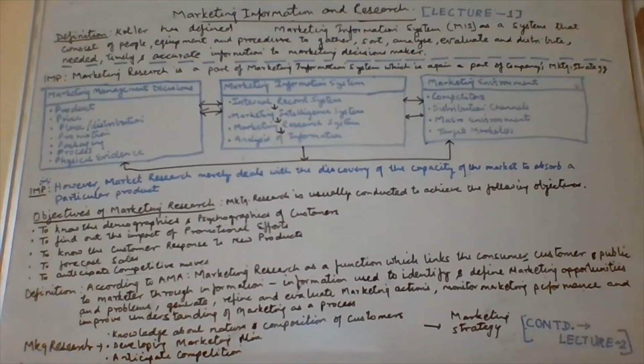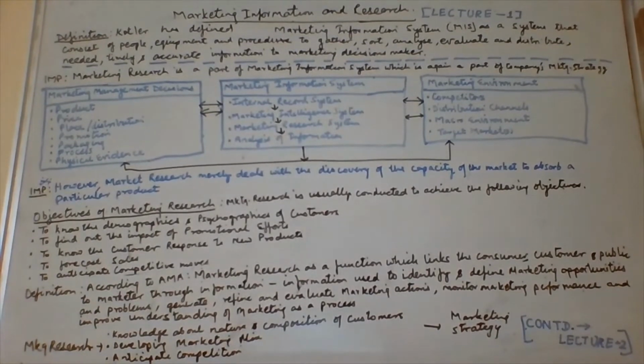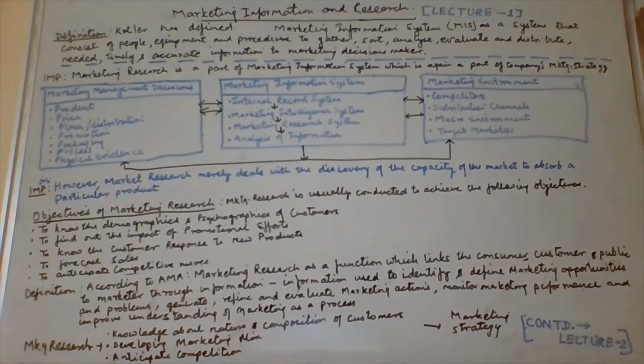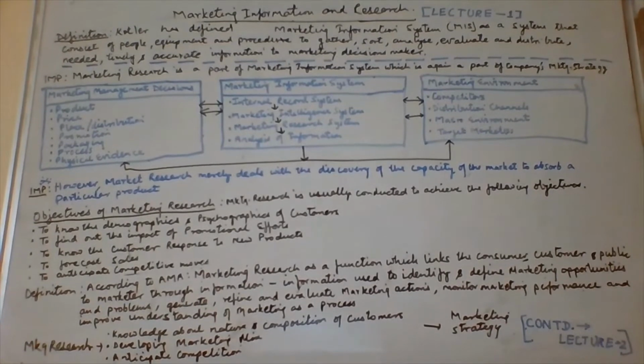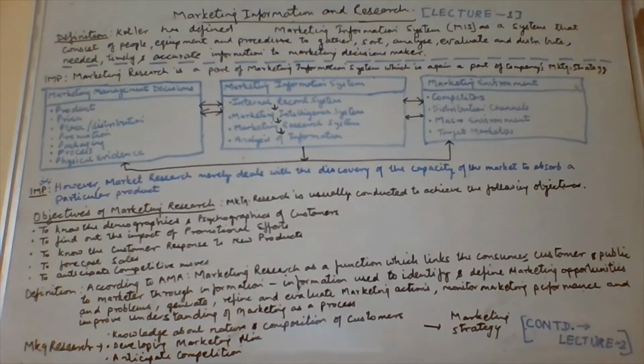Now his decisions are very important for the functioning and for the growth of the organization, because the marketing manager is supposed to take the decisions from the information given, and the information is coming from a source that is dynamic in nature.